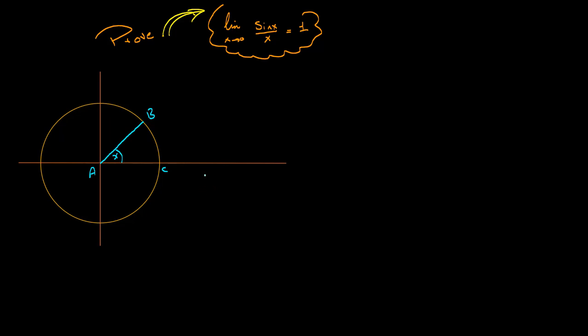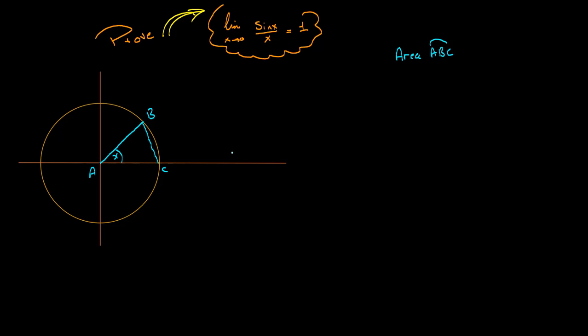Now I want to talk about three shapes. The first one is the sector ABC, and let's talk about its area. The second shape is the triangle ABC, so let's draw it like that.